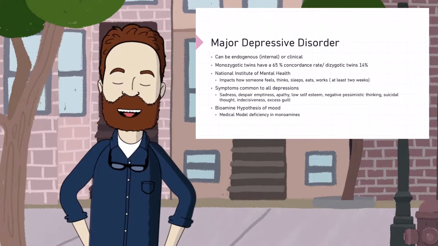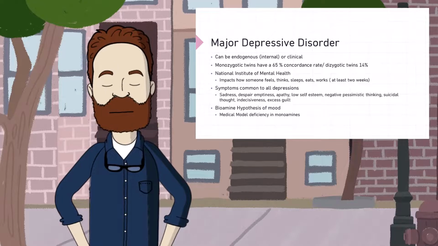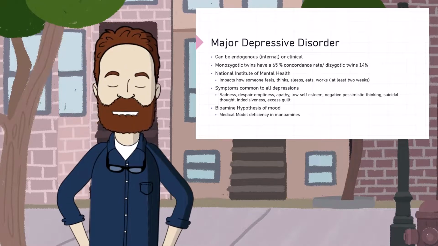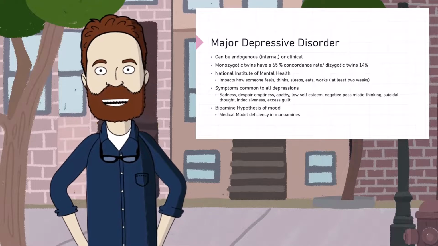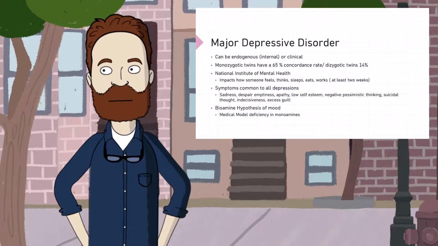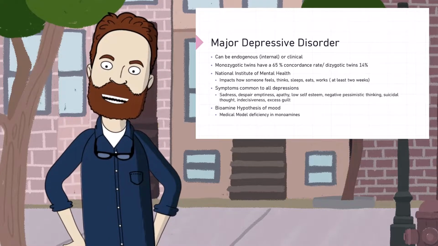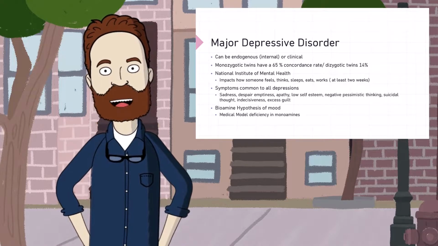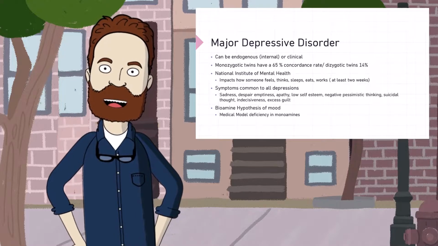Now, there are a couple theories to why major depression disorder occurs. And one of those is what we call the bioamine hypothesis of mood. And this is really a medical model, and it looks at what we call monoamines. And we look at these monoamines, by the way, which is norepinephrine, which is a neurotransmitter. We can look at dopamine, which is another neurotransmitter. And we can look at serotonin, which is another neurotransmitter.